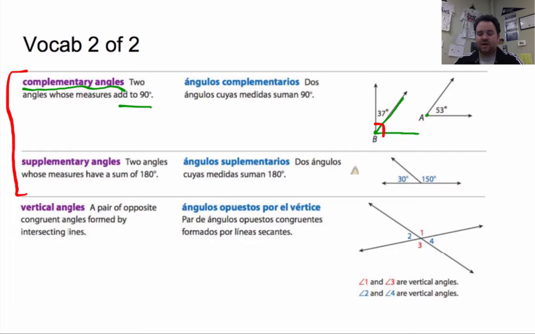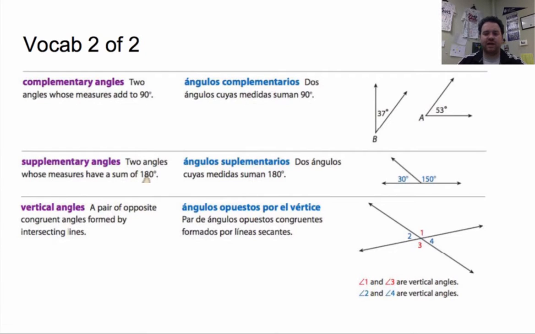Okay, so that is now 90 degrees. That means that angle A and angle B together are complementary because they add up to 90 degrees. Now, supplementary, on the other hand, is a really similar idea, but supplementary angles add up to 180 degrees. So this angle at 30 degrees and this angle at 150 degrees put together make a straight line.